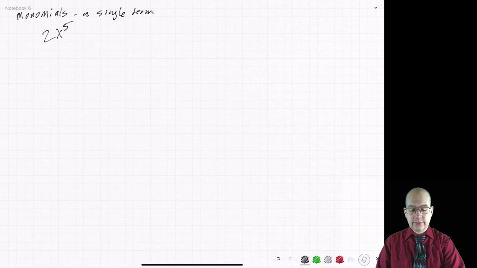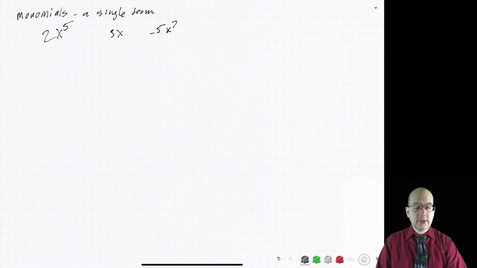That's a monomial. Another one would be 3x. Another one would be 5x to the seventh. Let's say minus 5x to the seventh. That's fine. Just by themselves, they are monomials.